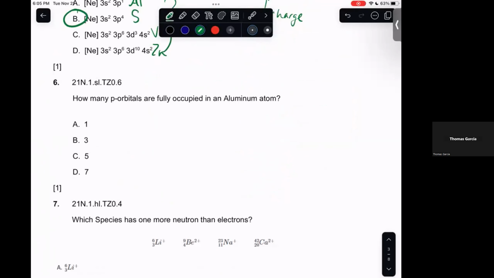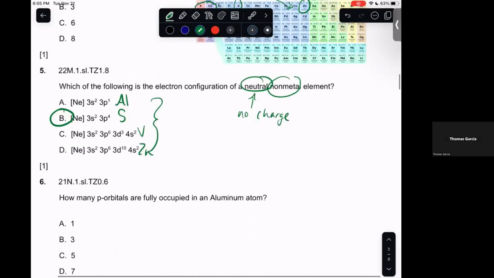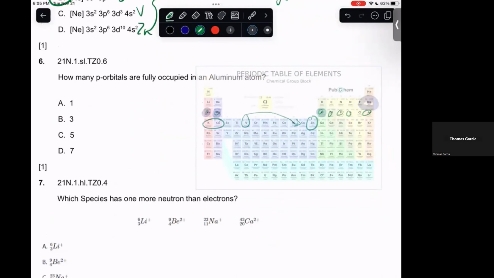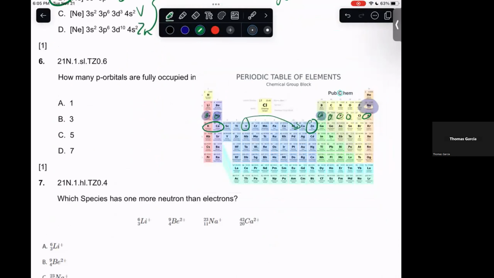How many p orbitals are fully occupied in an aluminum atom? Well, for this, it's actually much easier to do the electron configuration. So once again, I will grab my periodic table, duplicate that, move it over here, and erase a little bit of this. So I'm going to go ahead and look at aluminum.